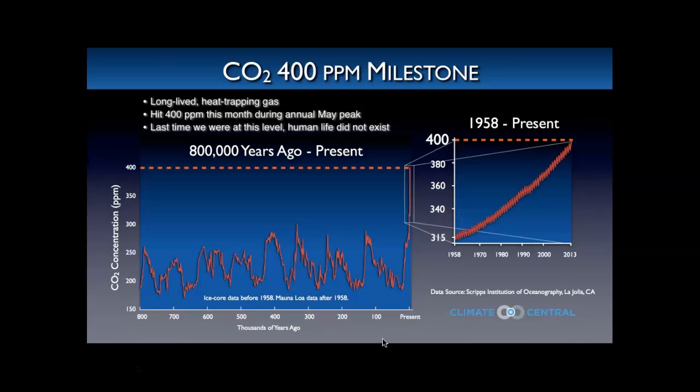And we can see what that relationship is if you go back through history, through the fossil records, and look at what is the normal amount of CO2 in the Earth's atmosphere historically.